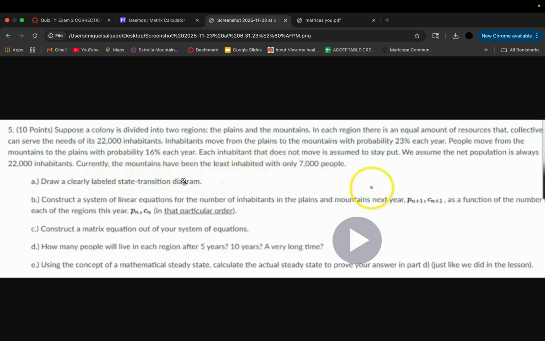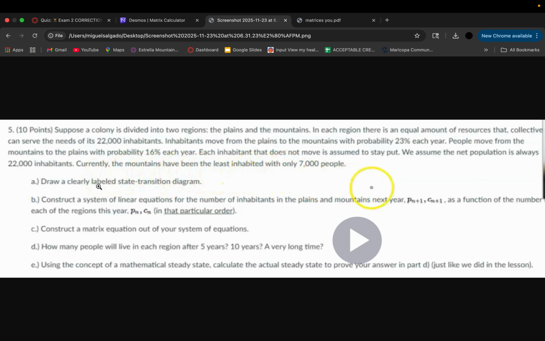The 22,000 inhabitants is assumed to be the total population between the mountains and the plains, so this fixed number will never go up or down. If 22,000 is the total and the mountains have only 7,000 people, then 22,000 minus 7,000 is the plains amount, which I believe is 15,000, if we needed to know that value.